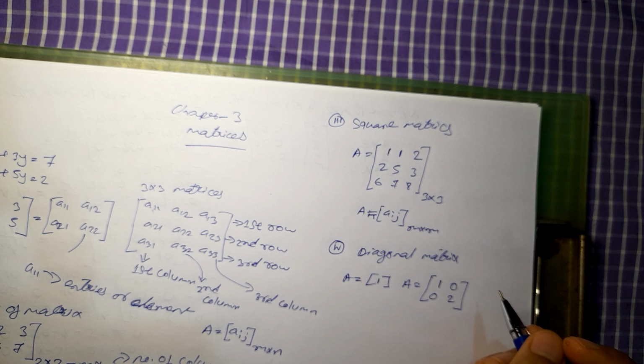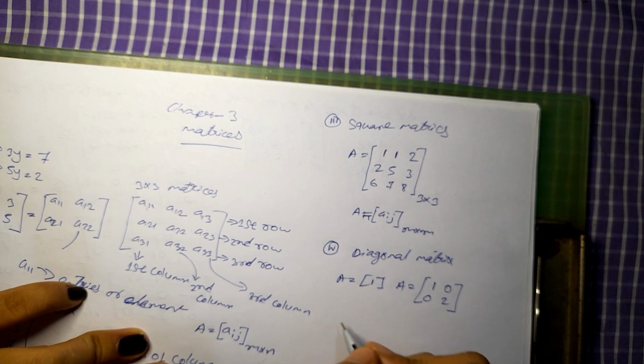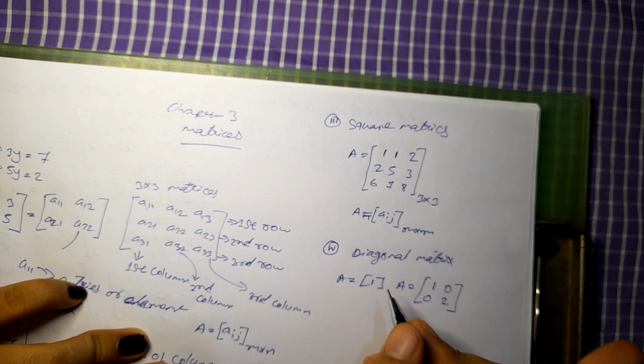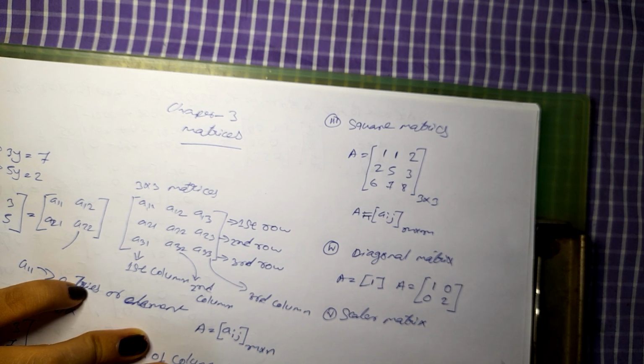Also after the diagonal matrix, we have the scalar matrix. The scalar matrix is almost similar to a diagonal matrix. All scalar matrices are diagonal matrices, but not all diagonal matrices are scalar matrices. Let's take a 2 cross 2 matrix. The diagonal elements are the same.